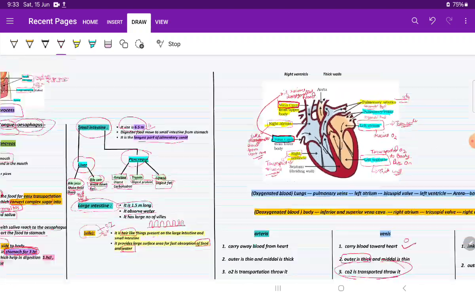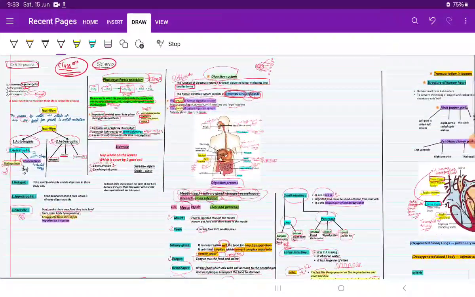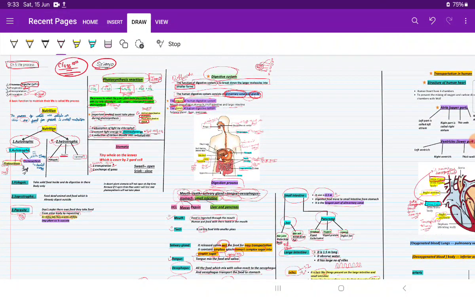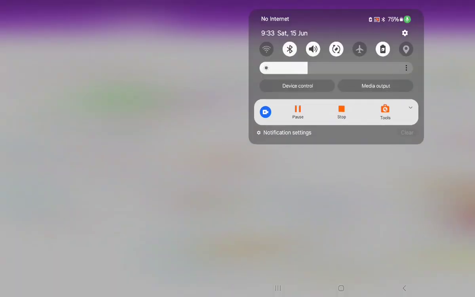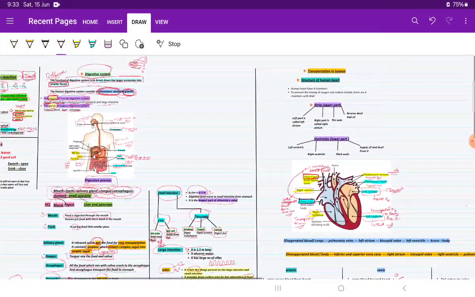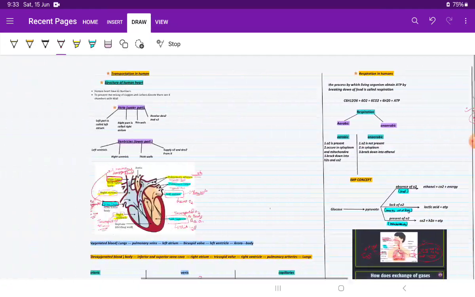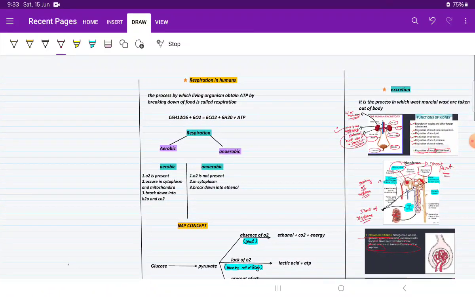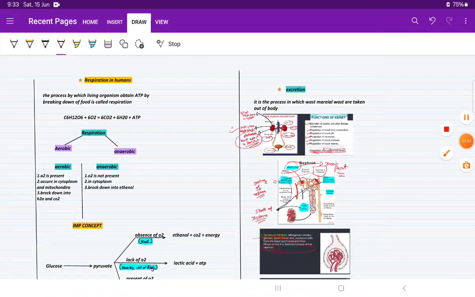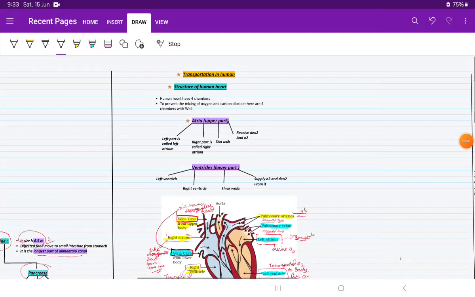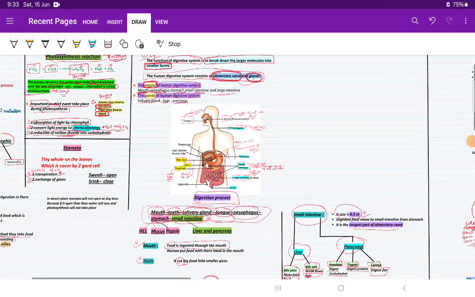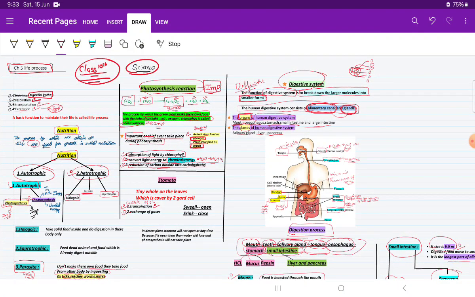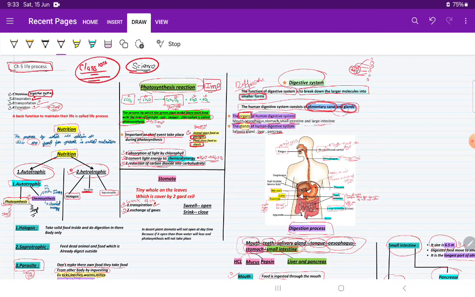So here we have completed our digestive system. I hope there is no doubt in this. First nutrition, then autotrophic, heterotrophic, then photosynthesis, then stomata, then the digestive system.